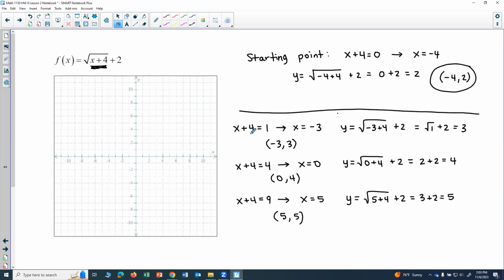Okay, starting point first, -4, 2. Then the next point is -3, 3. And then 0, 4. And 5, 5.